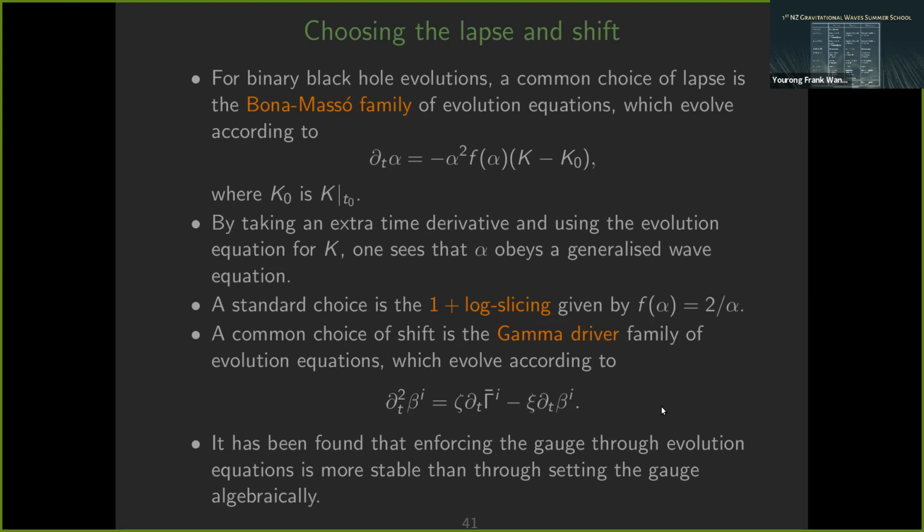It's a second order equation, so we usually just introduce a new variable that is just dt of B, to reduce that to two first order equations which are evolved. And again, it's chosen in a way that leads to a stable evolution. So this is very difficult in general, and it took quite a bit of work to figure these out, I think.